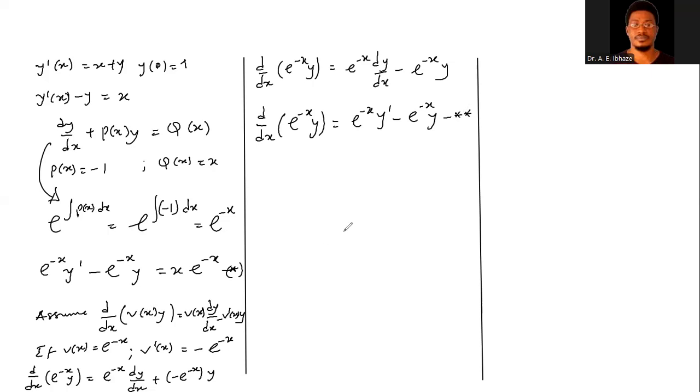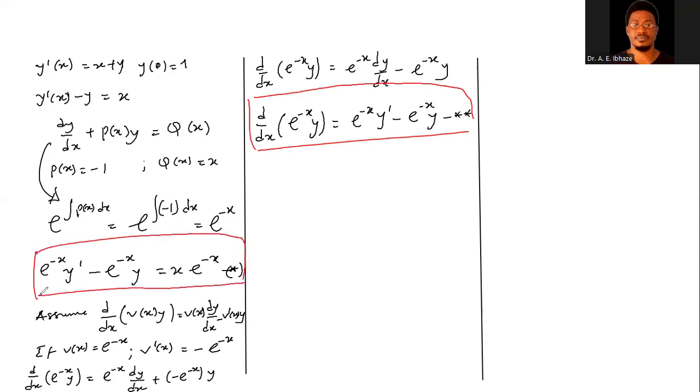So you will observe that equation star is equivalent to this equation, such that this expression can be replaced by this expression, so that d dx of y e to the minus x is the same as x e to the minus x.